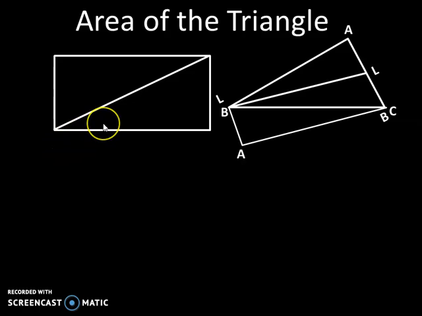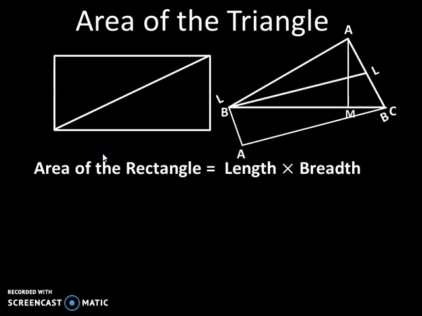So what is the area of a rectangle? Area of a rectangle is length into breadth. When the complete area of the rectangle is length into breadth, then this half portion will be 1/2 length into breadth.